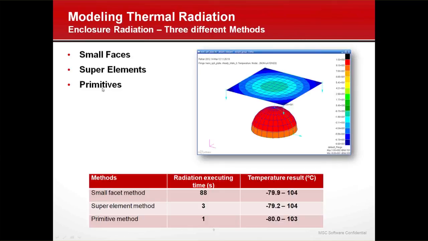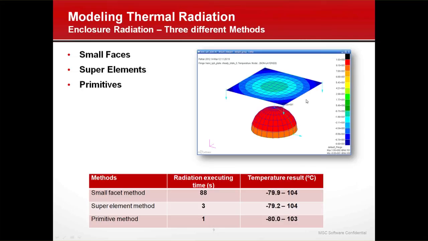And we have three methods, or three different philosophies kind of with our radiation code, Thermica, which is a ray tracing code. We can either do small faces, where we take every little one of these elements and make it like a flat plate and do radiation from element to element.